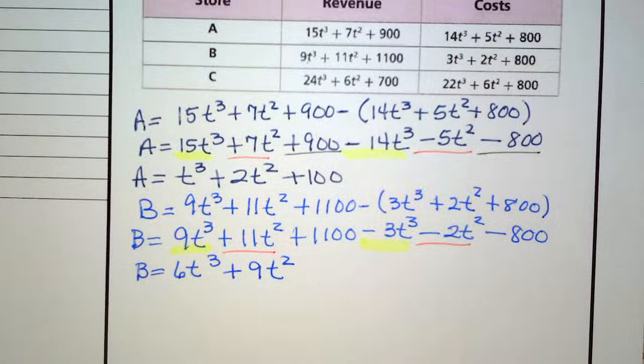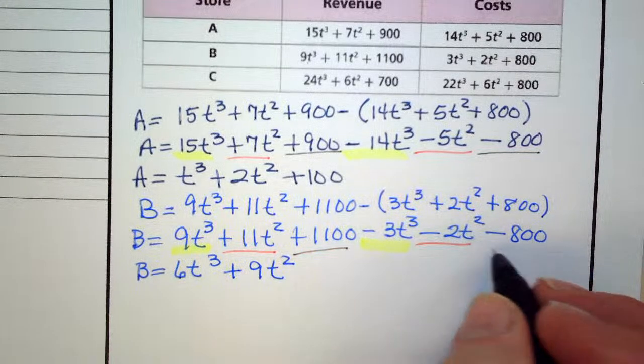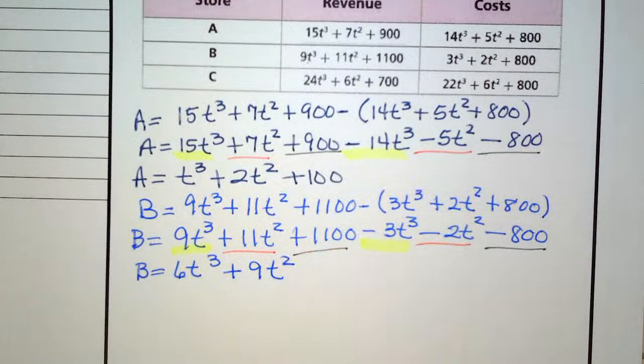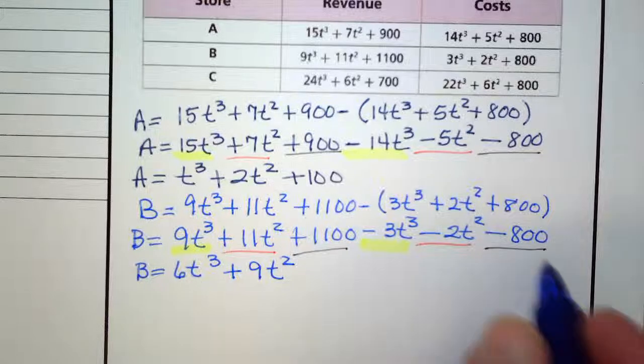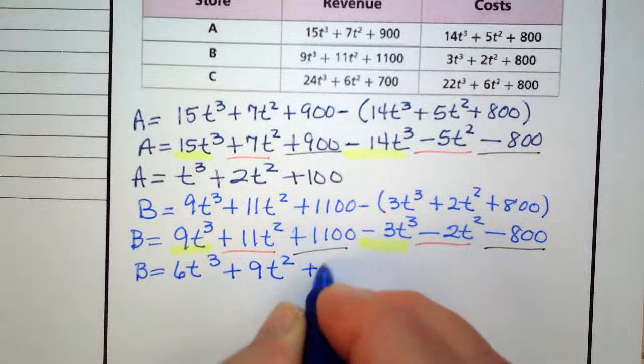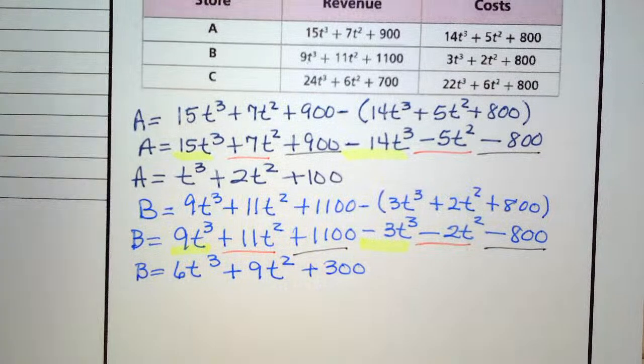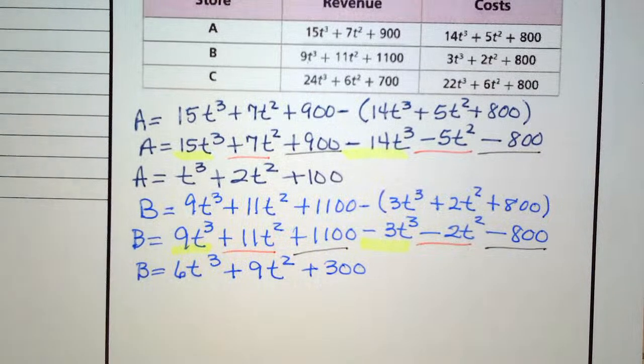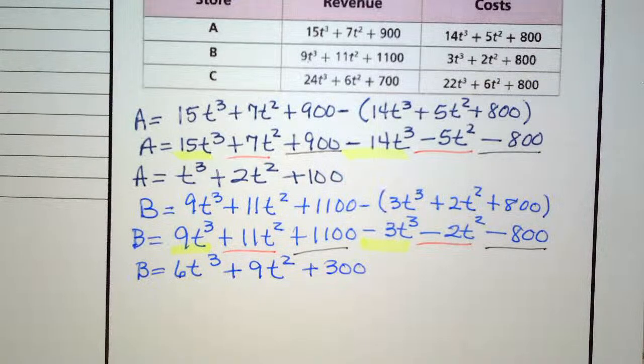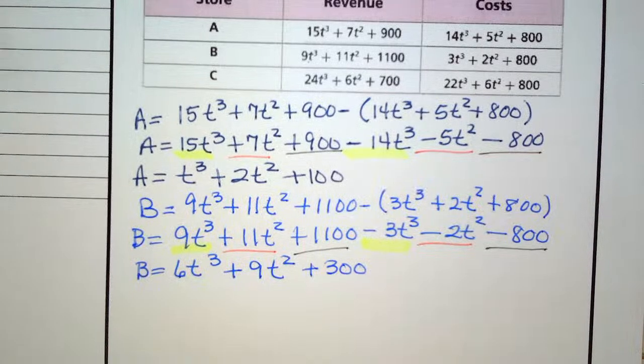And finally, for the last, I have positive 1100 minus 800. 1,100 minus 800 is 300. Okay, look at the A and B. Which one did the better? Which one had the higher revenue? It would have been store B. But we still have to check store C.